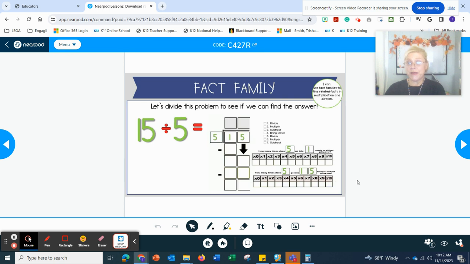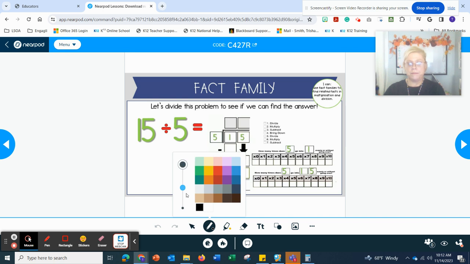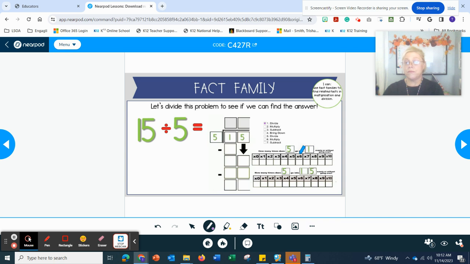If we go through each of our numbers, we're going to go through our checklist. We're going to divide 5 times 1 without going over. 5 times 0. 0 is our hero. 5 times 0 is 0. 5 times 1 is 5.